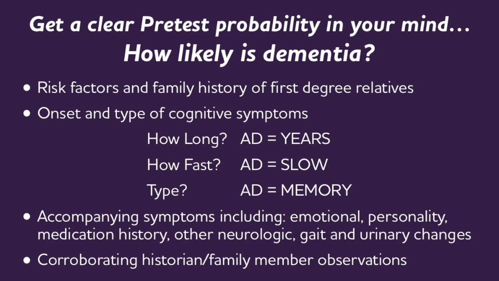If the cognitive symptom they are complaining of is memory-based, this is in favor of an Alzheimer's diagnosis. Also, ask about key accompanying symptoms, including emotional or personality changes, a medication history, other neurological symptoms that suggest stroke or TIA, gait and urinary changes. And finally, be sure you get one corroborating history from a family member or someone who knows them well.